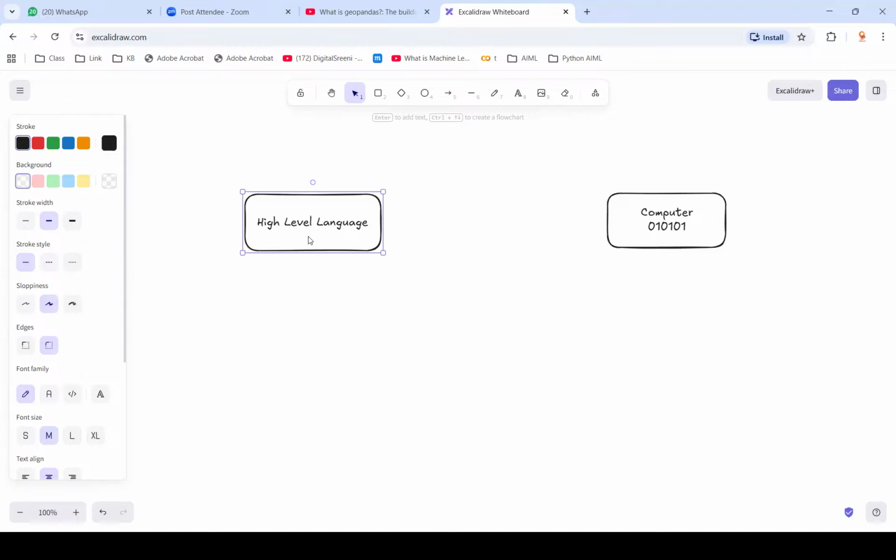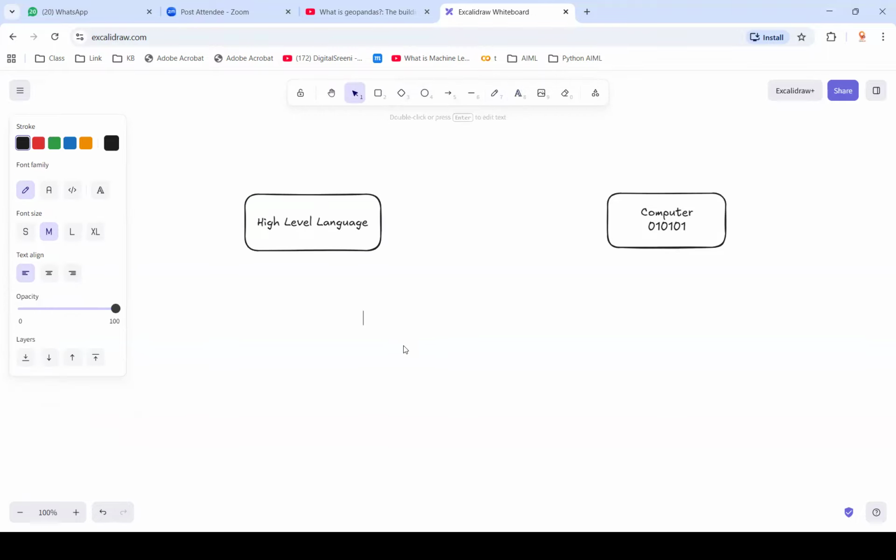So when we are talking about high level language and translator, people have created two types of translator in high level language. What is the difference between the two? Let's suppose you have written some program here.